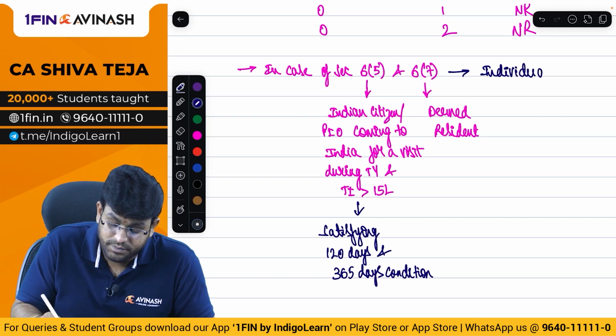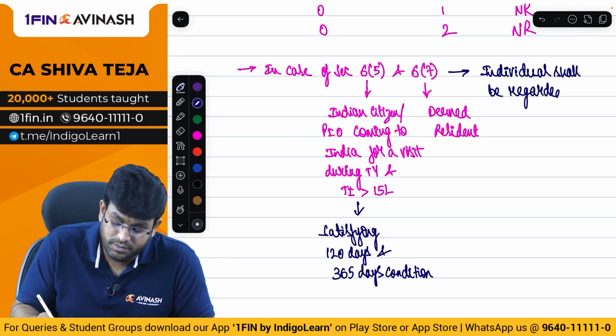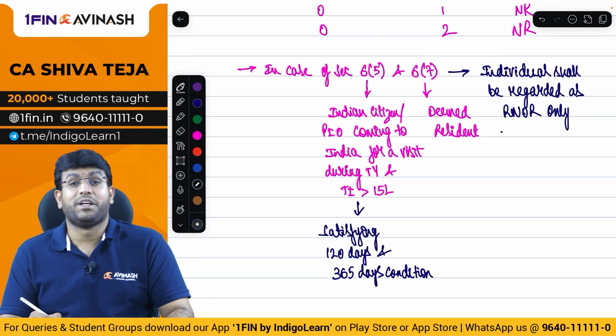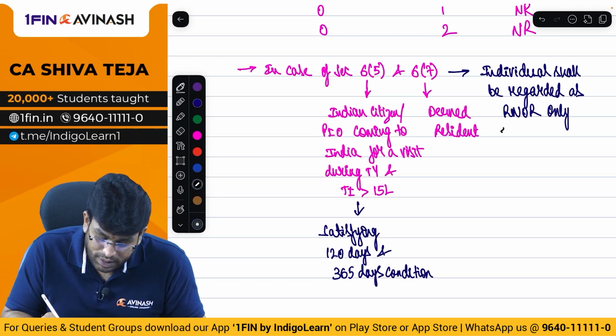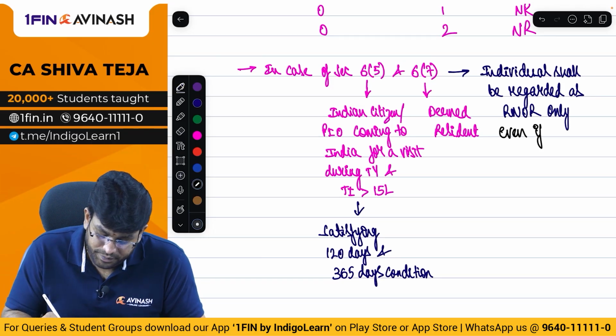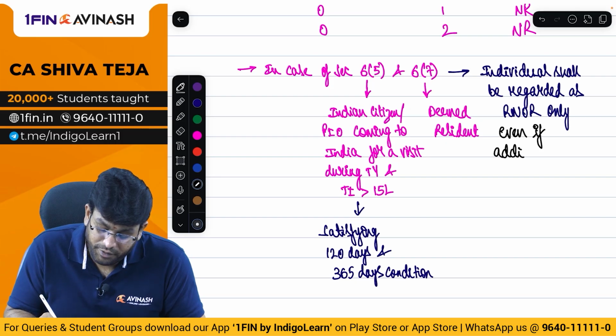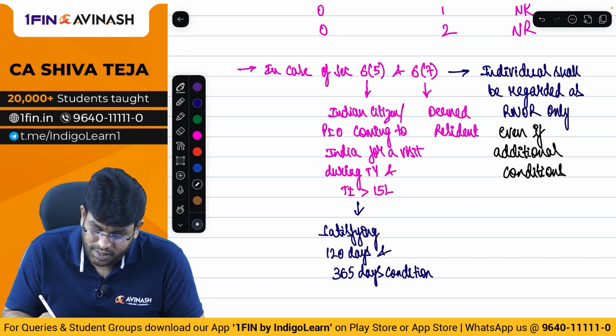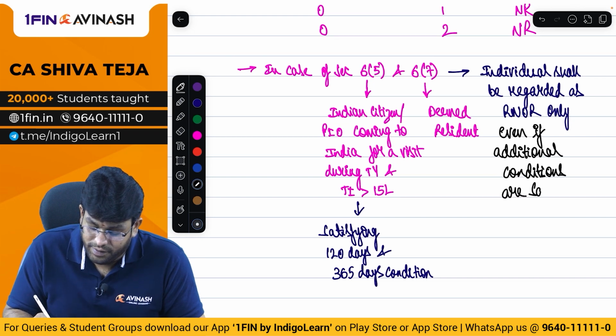The individual shall be regarded as RNOR only, even if additional conditions are satisfied. Shall be regarded as what, my dear friends? RNOR only, even if additional conditions are satisfied. So even though additional conditions are satisfied, still we will treat the person as RNOR.